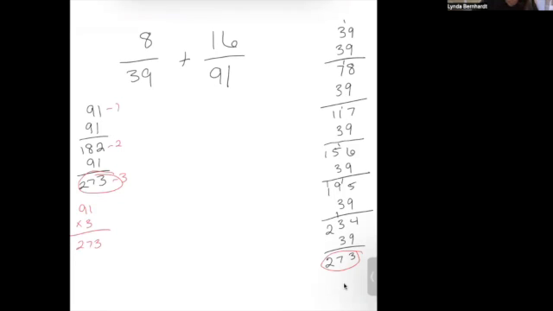Okay, so that means this one's going to be the times 3. Now this one, we've got 1, 2, 3, 4, 5, 6, and 7. So that means 39 times 7 equals 273. So this one's going to be times 7.